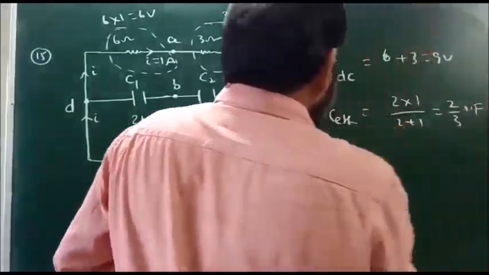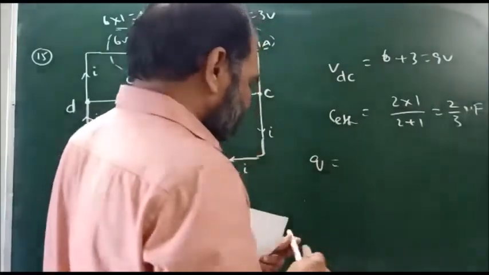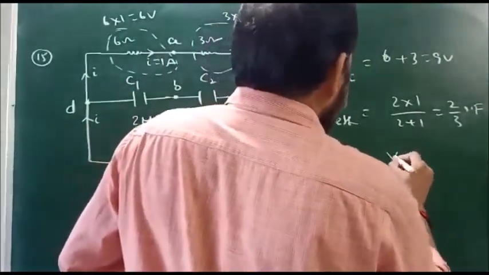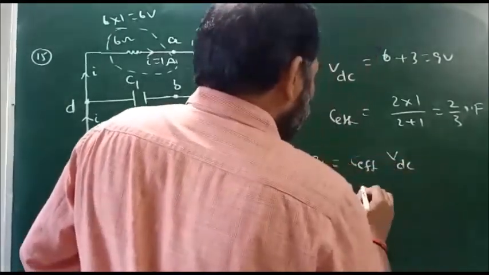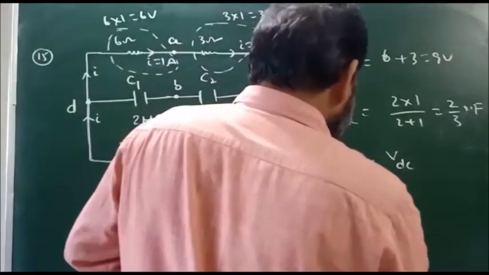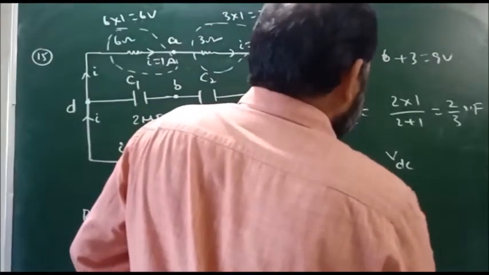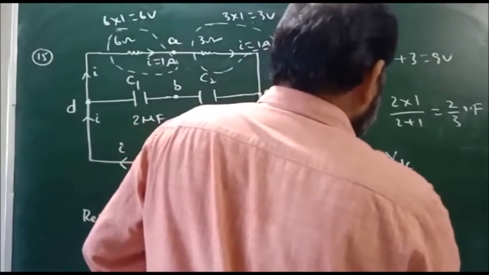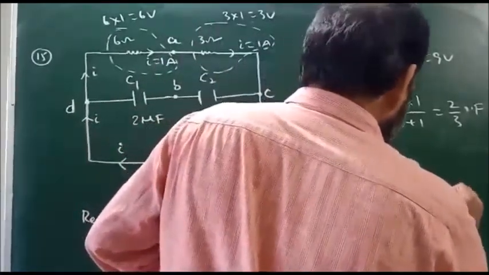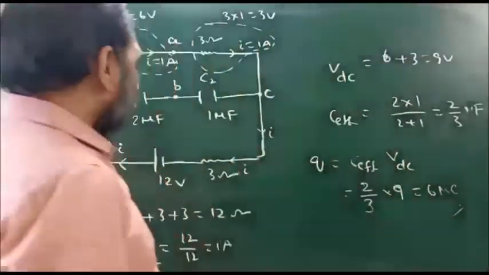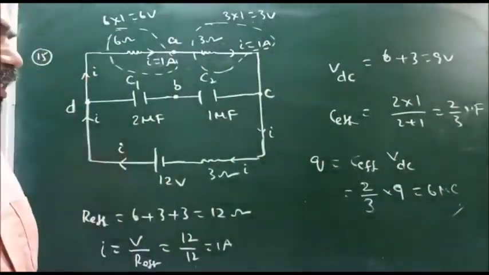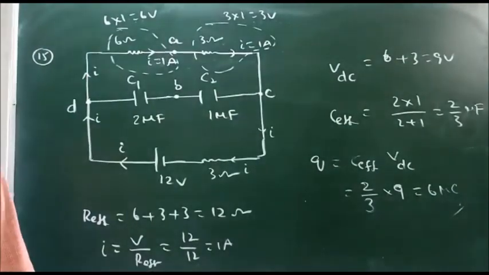Therefore, the charge traveling through each capacitor, Q, is equal to C effective into the potential difference between D and C. That is 2 by 3 into the potential difference 9 volts, which is equal to 6 microcoulombs. Here both the capacitors are present in series combination, therefore the same charge of 6 microcoulombs travels through both capacitors.